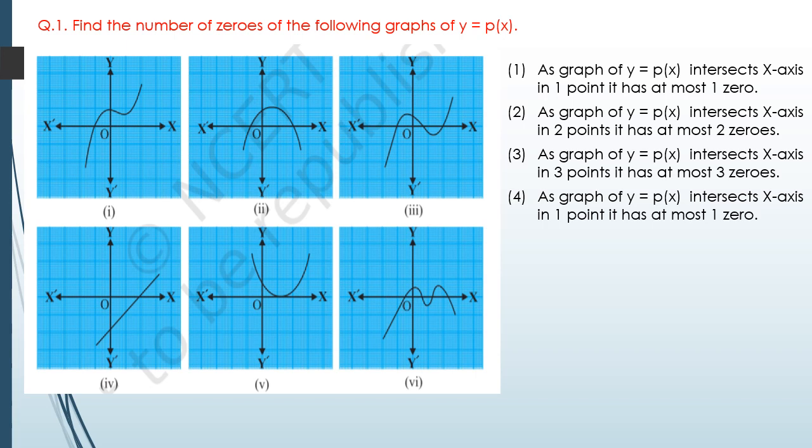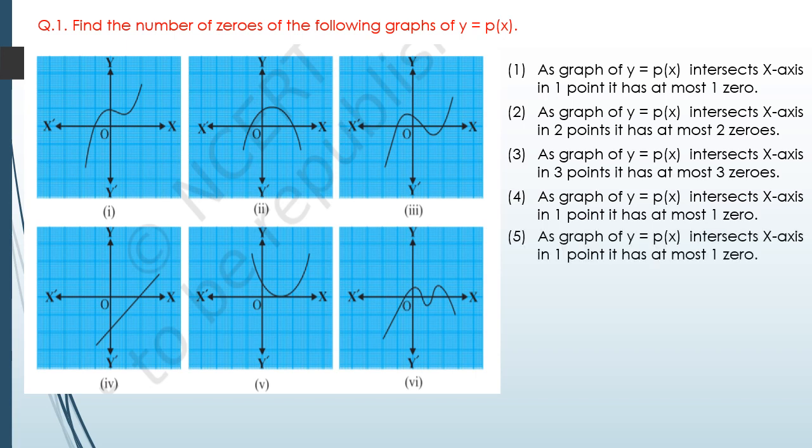So this is a quadratic polynomial having two equal zeros. Geometrically, we cannot show the same point at two different places. That's why this is the graph of a quadratic polynomial only, but it has only one zero, because the graph of this polynomial is intersecting the x-axis in only 1 point.